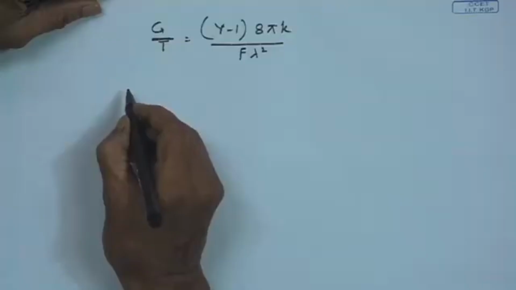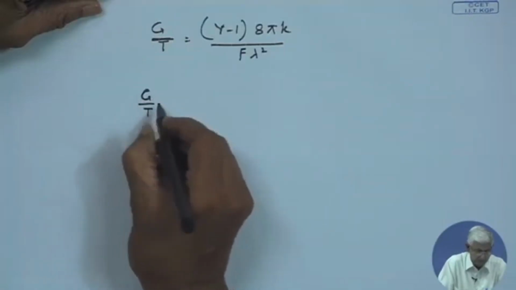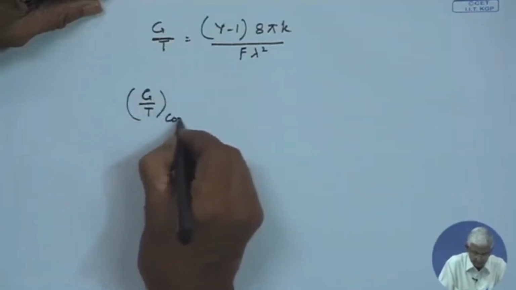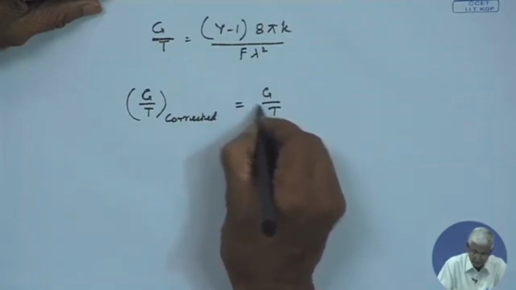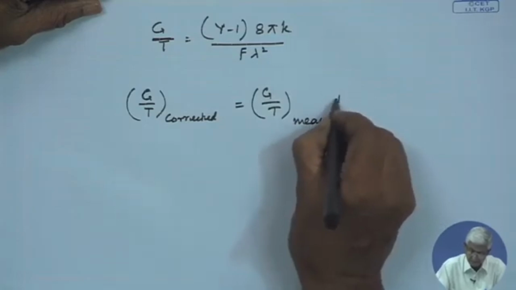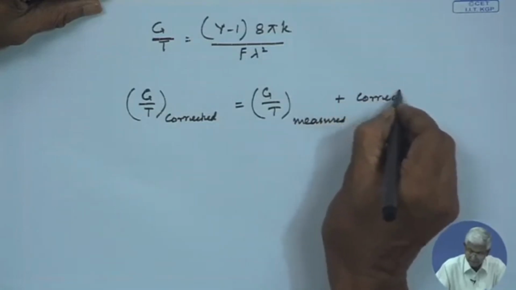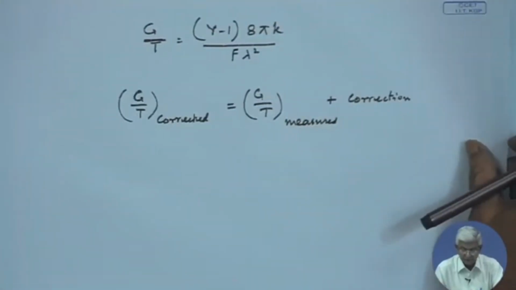So, there are a lot of corrections to be applied, which could be in dB, and accordingly the corrected value of G by T is based on the measured G by T plus some correction factors. So, this is one method of doing the direct measurement of the G by T using the radio star.